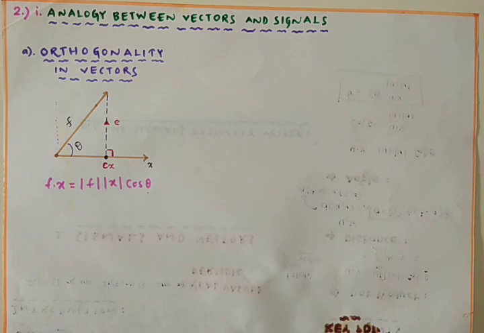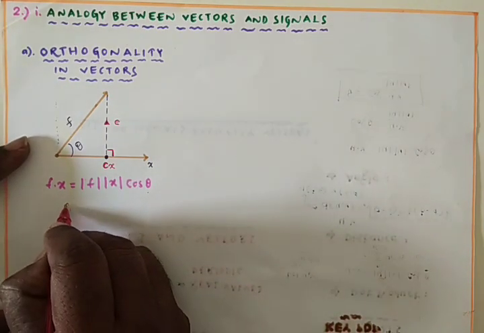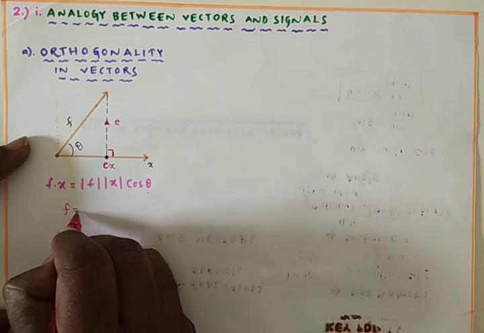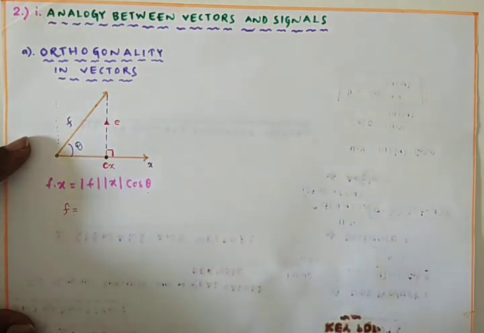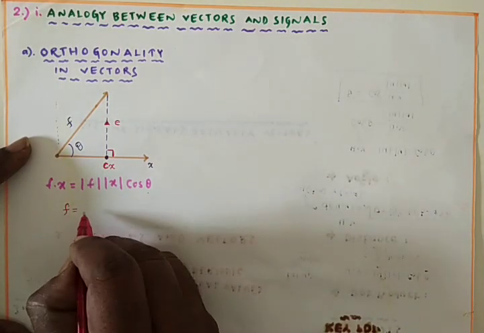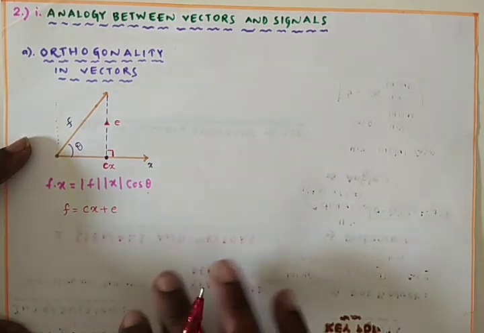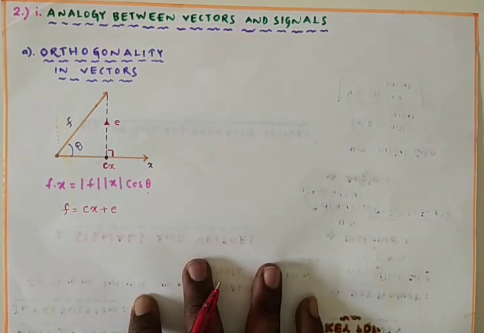Hence f can be represented as a vector addition, so we can write f is equal to Cx plus E, where Cx is the component along x, whereas E is the error vector.